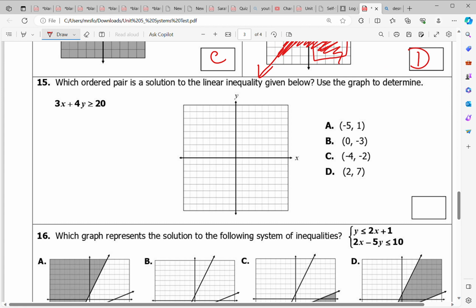15. Which ordered pair is a solution? So the first thing we want to do is solve so we can graph. We want to get y by itself.